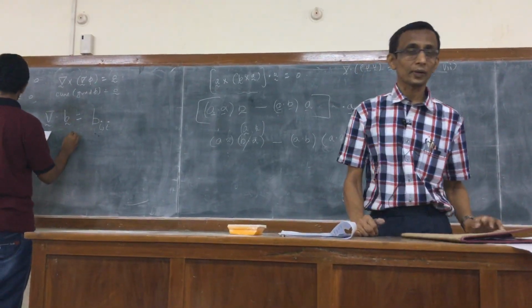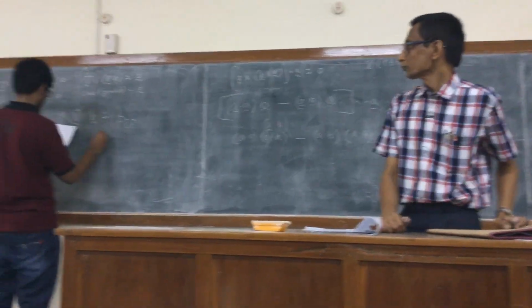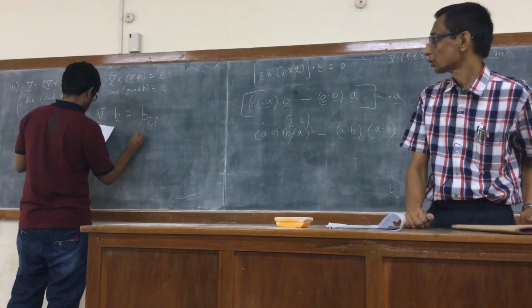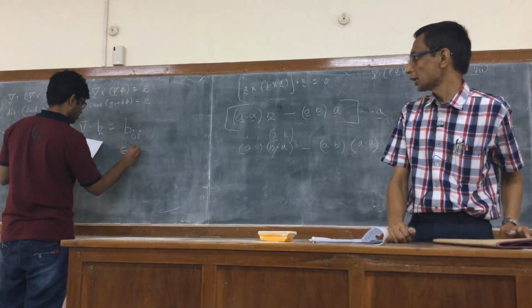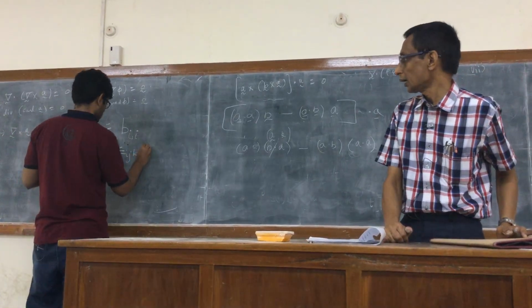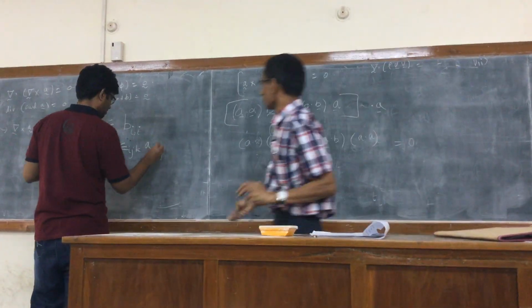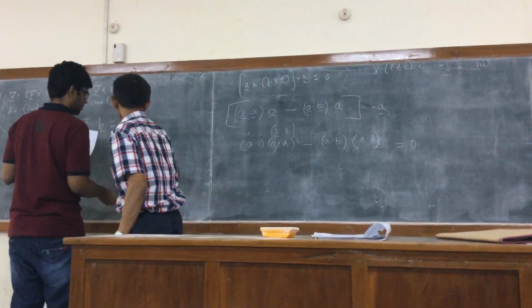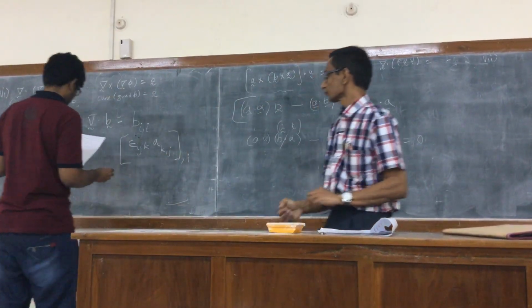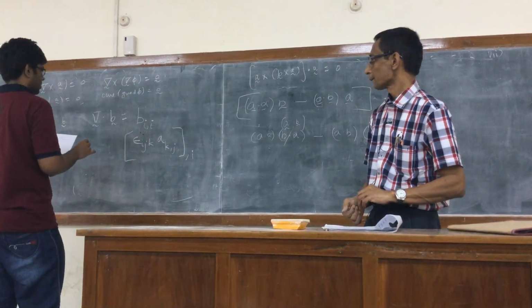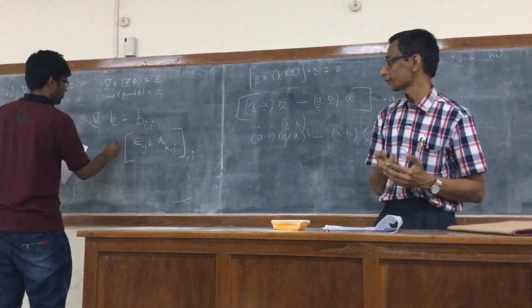It will involve an epsilon, epsilon ijk, A k comma j, and then the whole thing would have to have a comma i, right? That's fine.